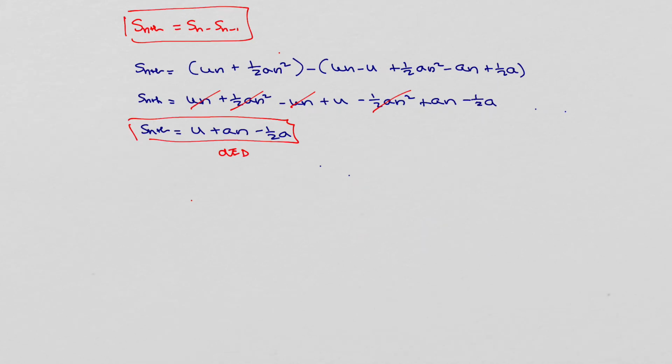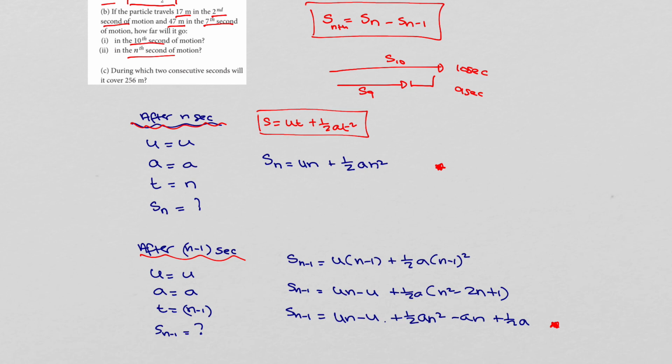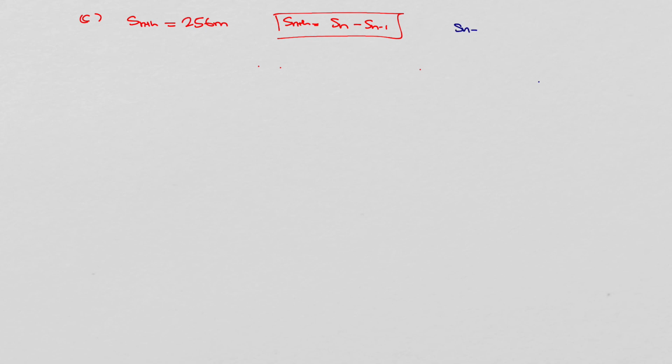Okay, so then C says during which 2 consecutive seconds will it cover 256 meters? So in other words, during the nth second, it's going to travel 256 meters. But we know that during the nth second, that would be s of n minus 1. So therefore, I know that s of n is 5 plus 6n.